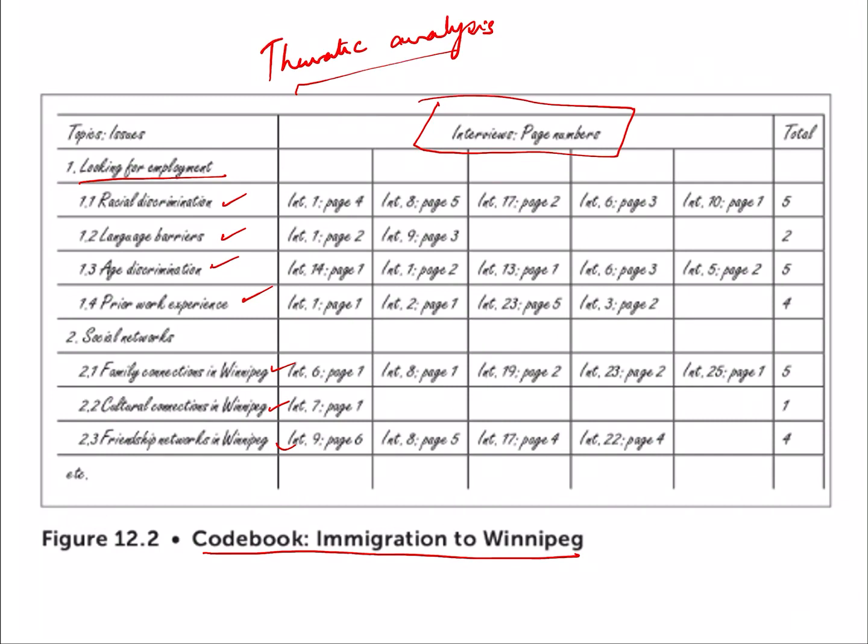And as you notice, the topics of racial discrimination comes and it identifies where this is. Interview number 1, page 4, interview number. So sorry, my apologies. This is multiple interviews. But as they're looking at multiple interviews, they start to populate this page. And you see racial discrimination show up in the first interview, the 8th interview, and they identify where it is.